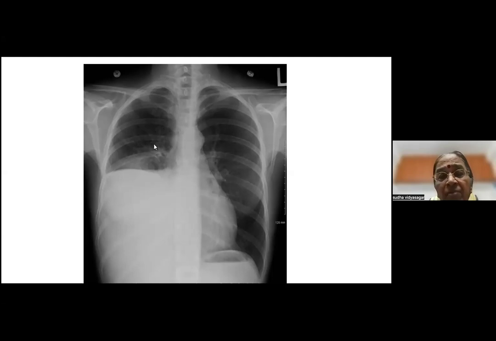Before you call something a hydropneumo, and such a big one, look at this trachea, totally central. Unless you have a fixed mediastinum, you can't really put the trachea there. And the heart is also far away from the left rib cage. So I don't think it shifted at all.